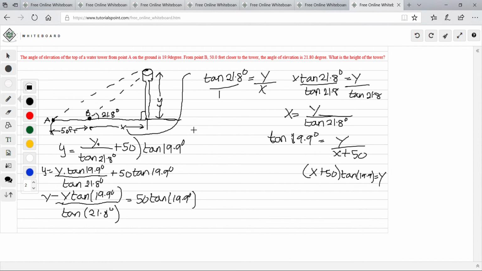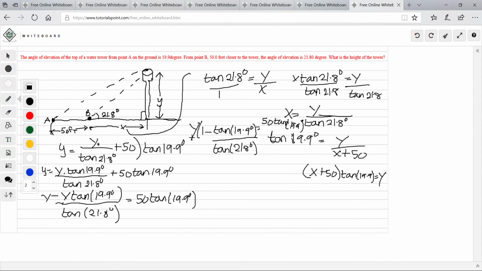When I factor out a y, I get y times 1 minus tangent of 19.9 degrees over tangent of 21.8, and that should equal 50 tangent of 19.9 degrees.